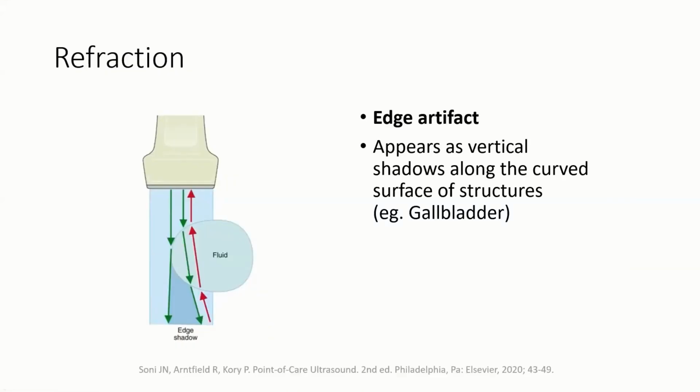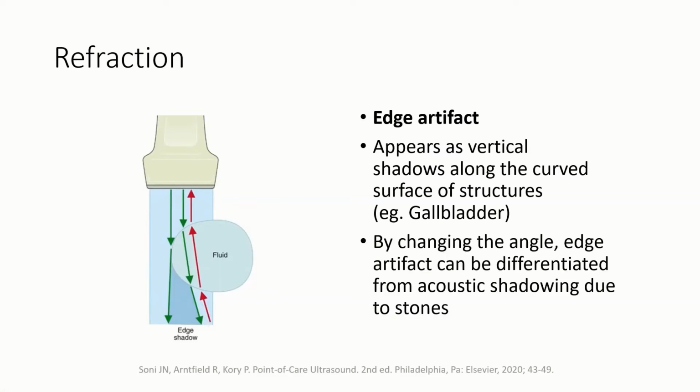It appears as a vertical dark line or vertical shadow along a curved surface, especially the gallbladder. You can minimize it by changing the angle, and then you can distinguish that artifact from acoustic shadowing due to cholecystitis or stones.